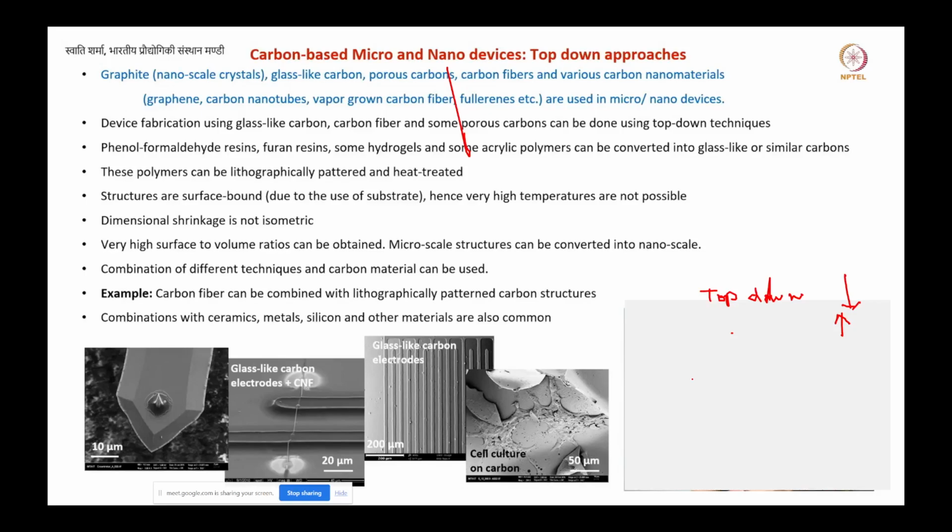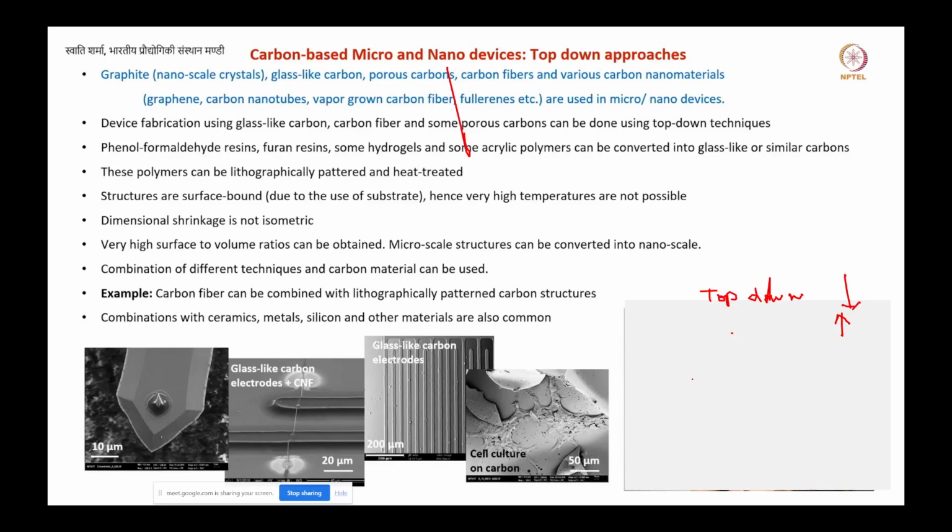So it means that if you want glass like carbons or some similar feature, there are many hydrogels which are currently in the developing stages, and also some acrylic polymers. So these can be converted into glass like or similar carbons.